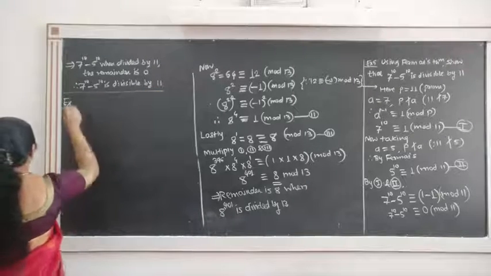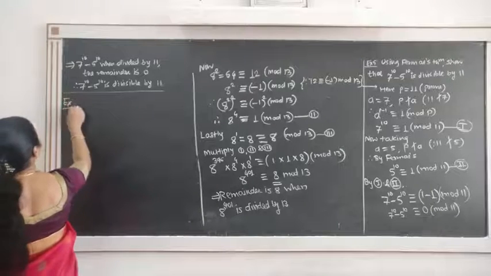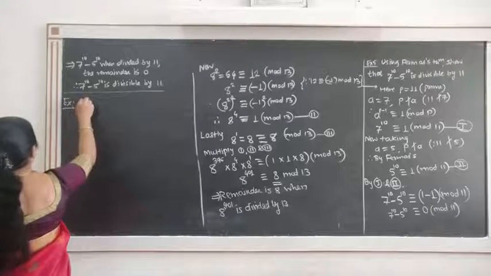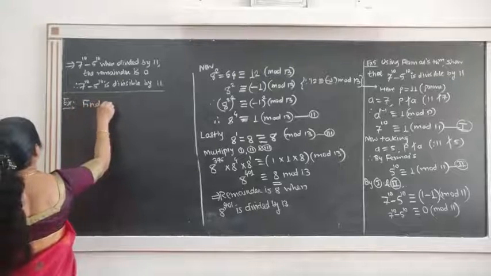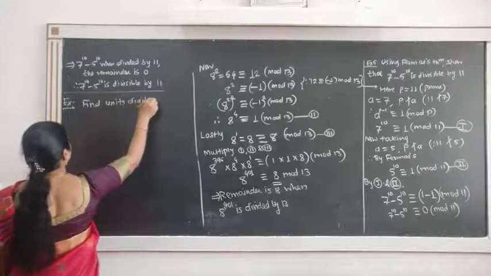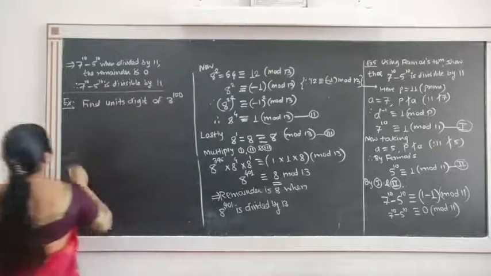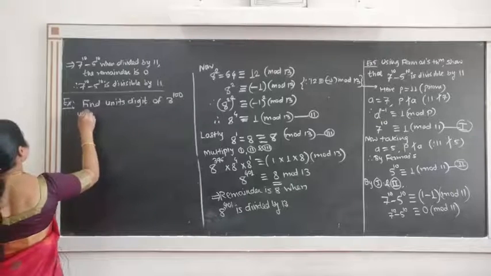Consider the next example. Find the units digit of 3 raised to 100 using Fermat's theorem.